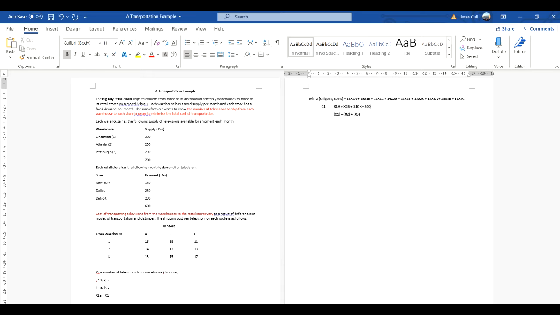We cannot ship more from warehouse number 1 than exists in warehouse number 1. That's what we've indicated here. The maximum shippable amount from that warehouse is what's available in that warehouse. And there's only 300 available in that warehouse.